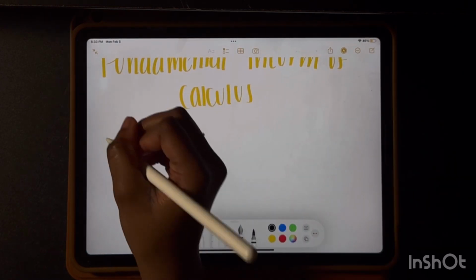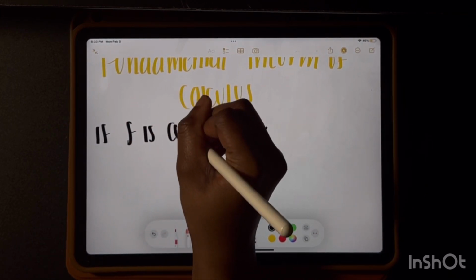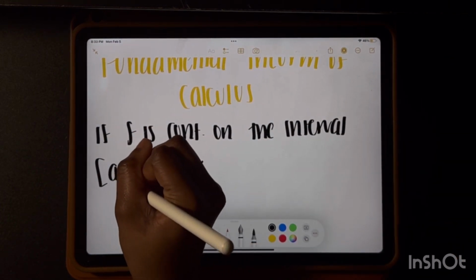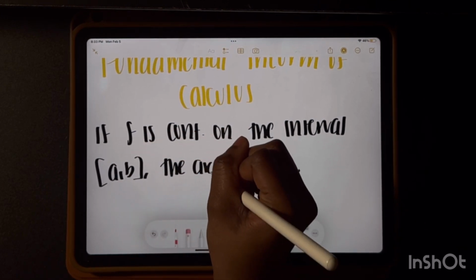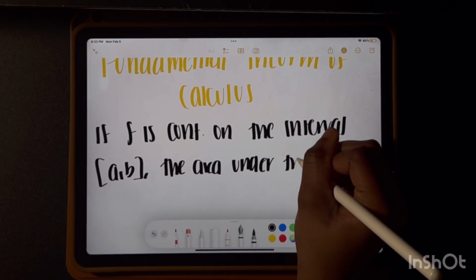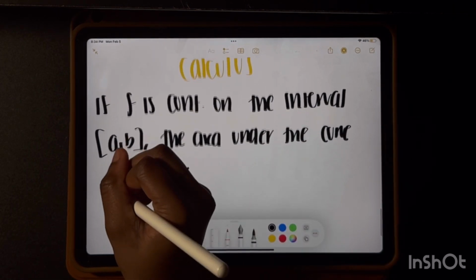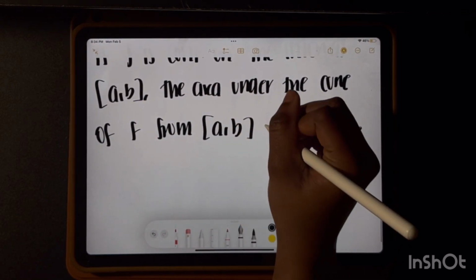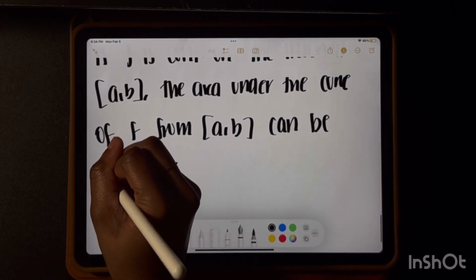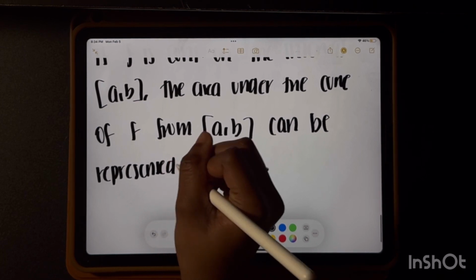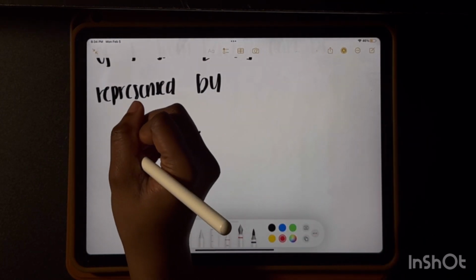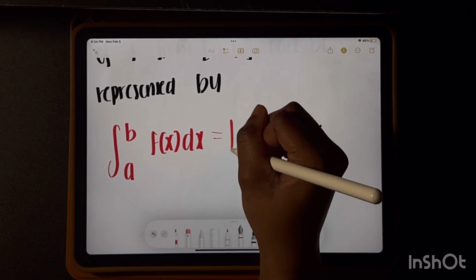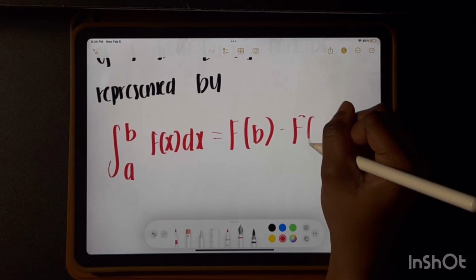The fundamental theorem of calculus tells us that if f is continuous on the interval [a, b], then the area under the curve of f from the interval a to b can be represented by the integral from a to b of f of x times dx, which would equal capital F of b minus capital F of a.